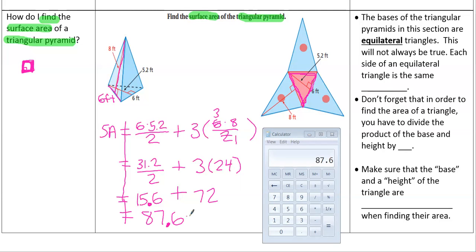This is surface area, so that's feet squared. Woohoo! Done. That looks beautiful. Okay, actually, I was going to make sure that this is correct. Well, 72 plus 10 is 82, plus 5 more is 87, plus 0.6 is 87.6. Yep, that worked out just fine. So I know I have the correct surface area.